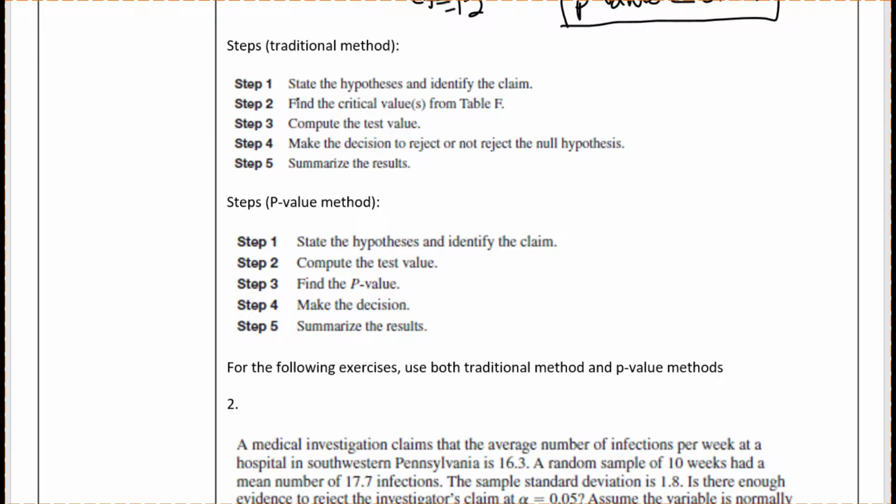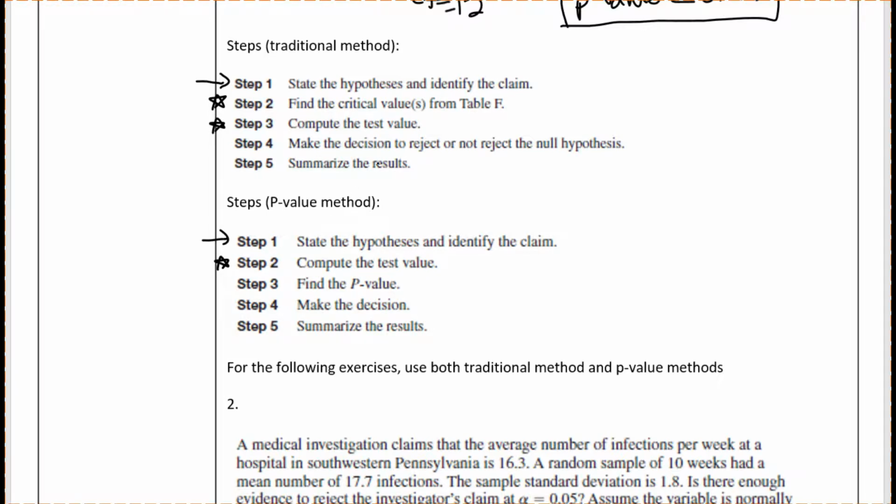All right, so now we're going to just quickly recap the steps for the traditional method and the steps for the p-value method. Both have identical steps: you want to state the hypothesis and identify the claim. The steps that differ are step 2 and step 3.